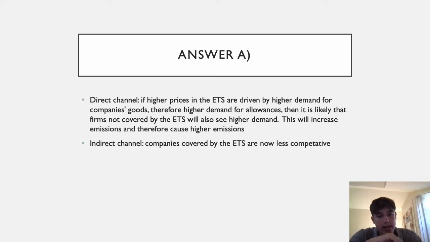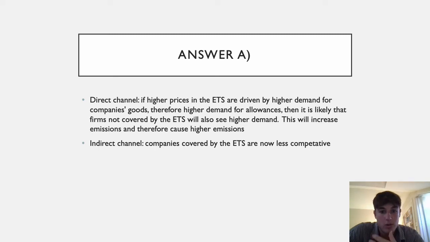Now then, there's also an indirect channel, which is that companies covered by the emissions trading scheme are now less competitive, right? If they're seeing higher costs, then they're less likely to be able to convince the customers to buy their goods, which means who are customers going to buy their goods off?